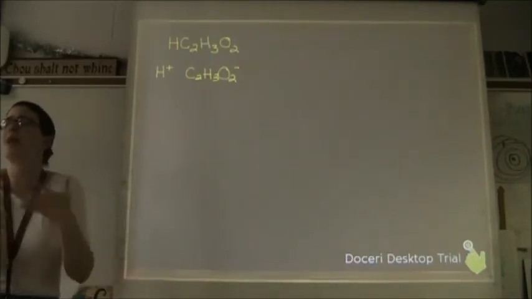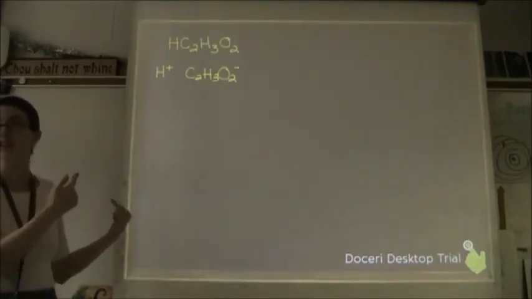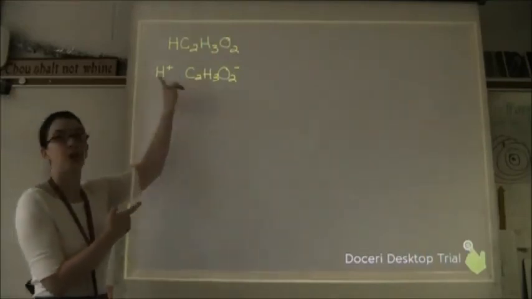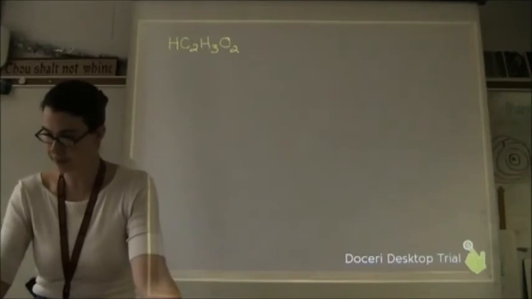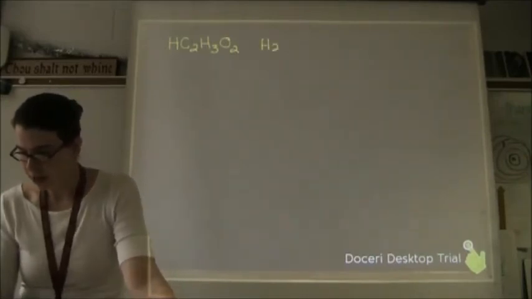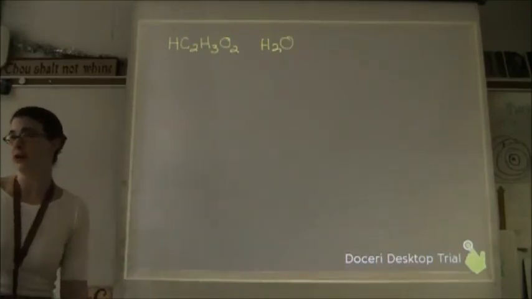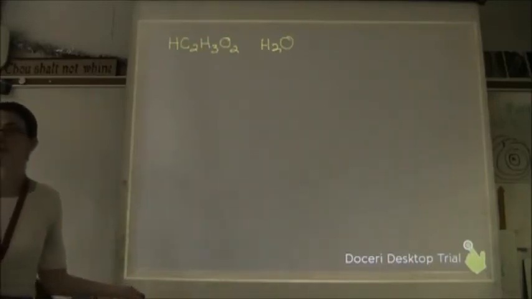Dissociate. It barely dissociates. Now, if that were a strong acid, I would write them separated, but it's not. So we're not going to do that. Here's my other major species. You'll always have water. And guys, that's it. Those are my 2 major species. That's the only 2 players I have to deal with.